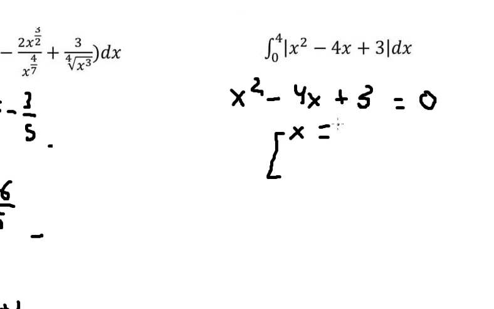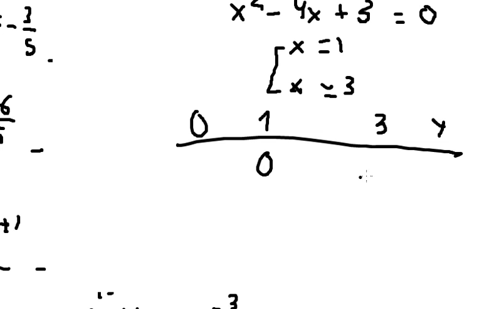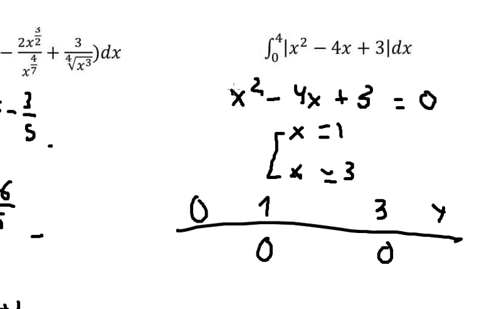Let's say about s equal to number 1 and s equal to number 3. So we wrap the function in here from 0, 1, 3, 4. This is about 0, 0. Because coefficient in here is about the positive. So we got about positive in here, negative, positive.